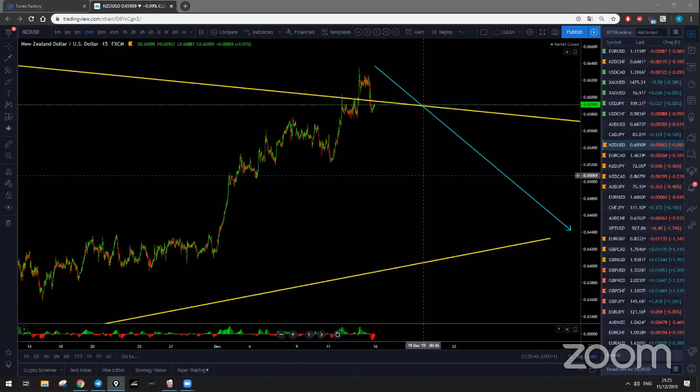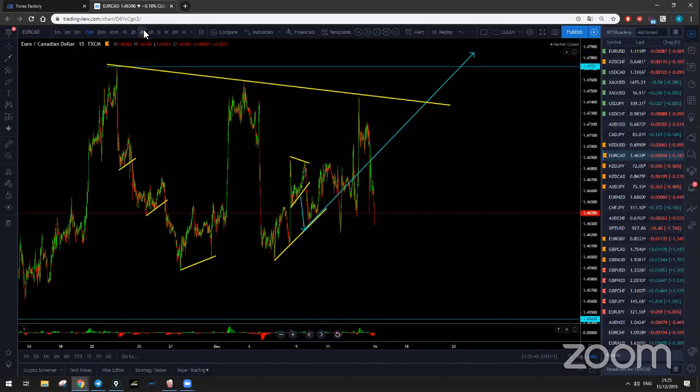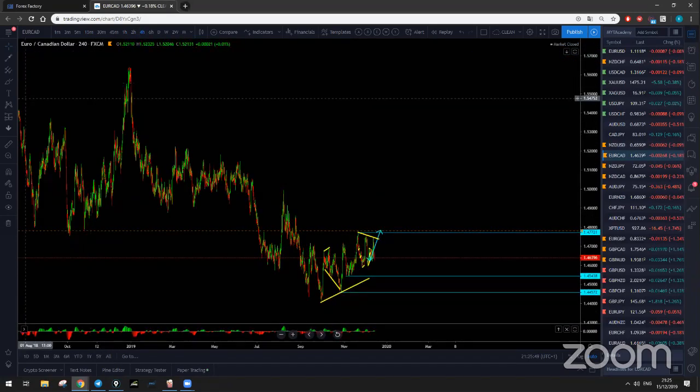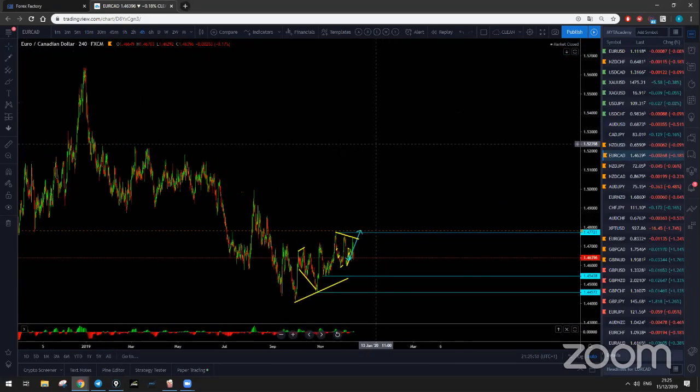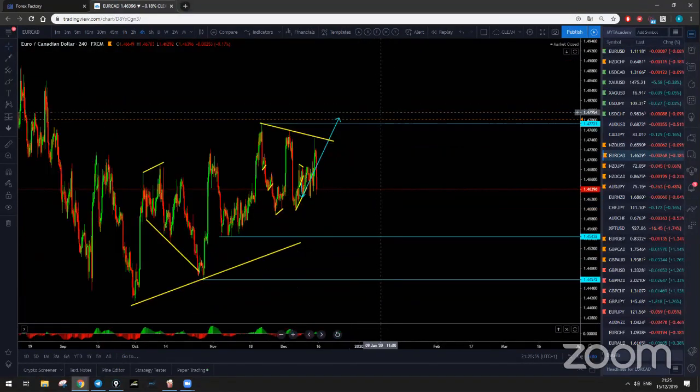That will be a nice trade, but don't take all the setups I am showing you, because you will be over-risking and that will not be good for your account, and you will not be able to manage those trades.